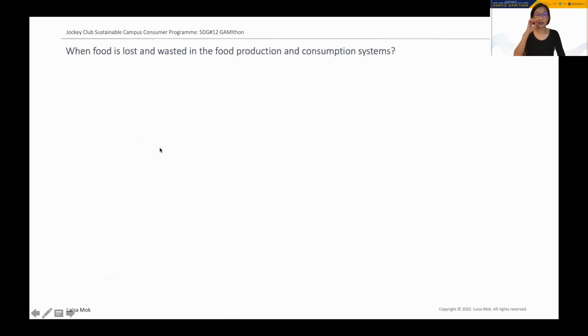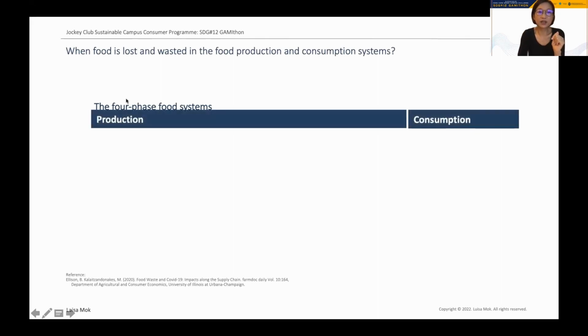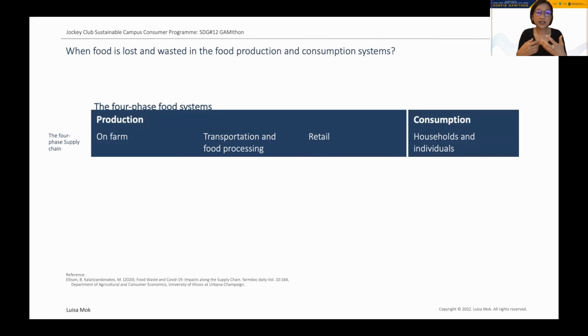And then when is food lost and wasted in the production and consumption systems? According to some studies, I summarized in a diagram about the systems. So there are 4 phases. It is the 4-phase food system covering production to consumption. So what are the 4 phases? On farm means that you are growing the vegetables and fruits on the farm.